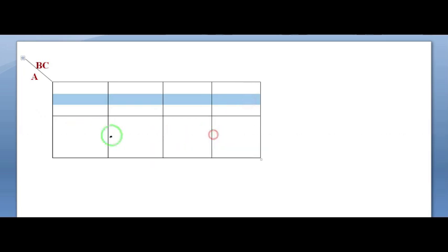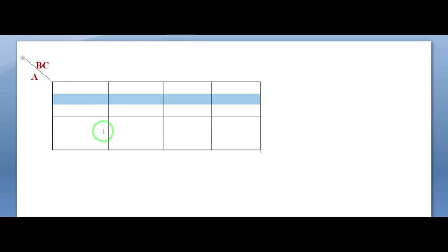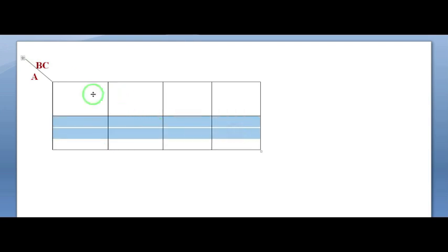Now on the screen you can see a K map with 8 cells which are distributed into 2 rows. Row number 1 has 4 cells. Row number 2 is also going to have 4 cells. So this is column number 1 with 2 cells, column number 2 with 2 cells, column number 3, column number 4, a total of 8 cells.